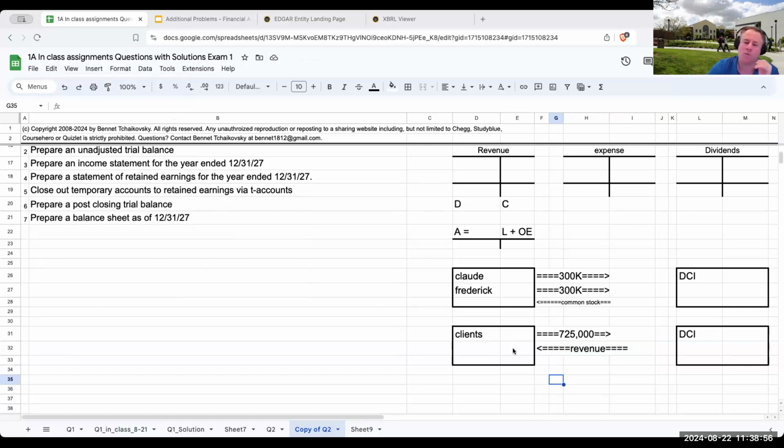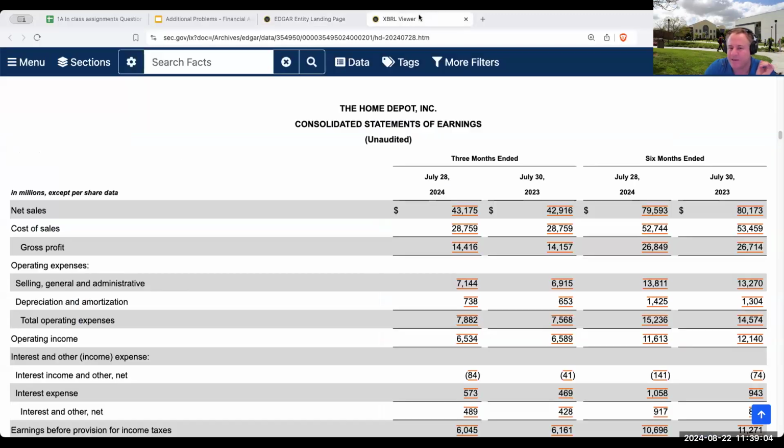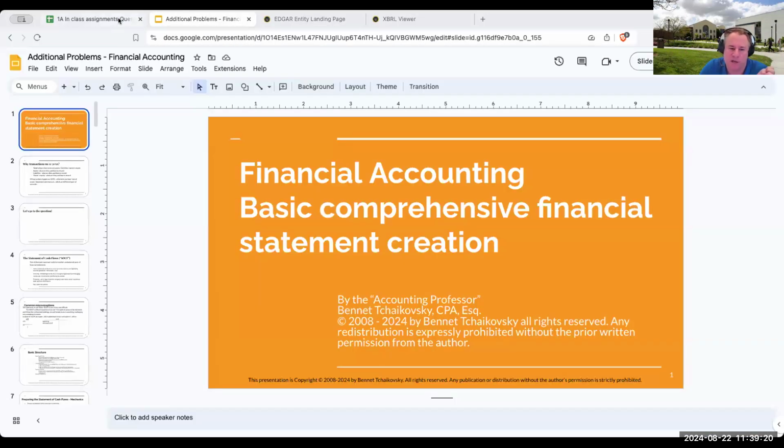Now, when it comes to revenues, how do we record them? Well, revenues go on something called the income statement. The income statement tells us for a period of time, 3 months ended, 6 months ended, year ended, how much revenue did we generate during that period.